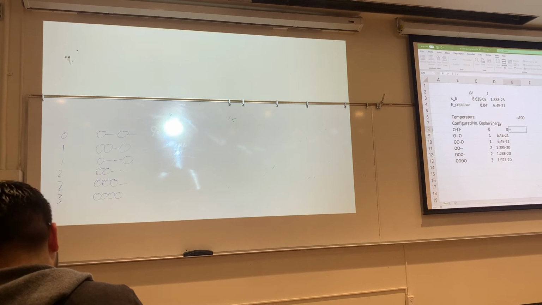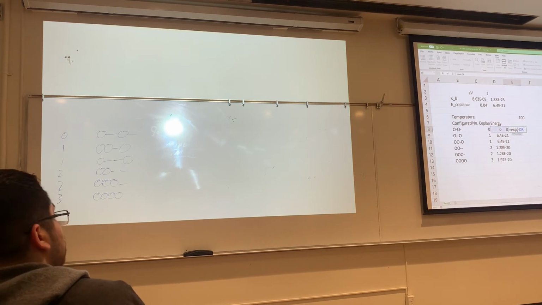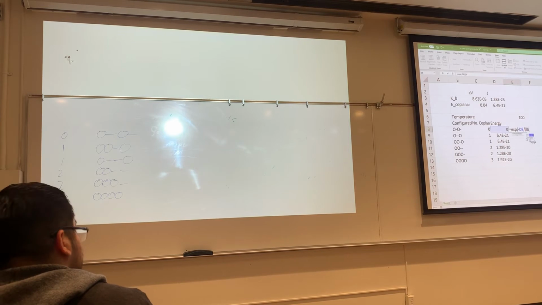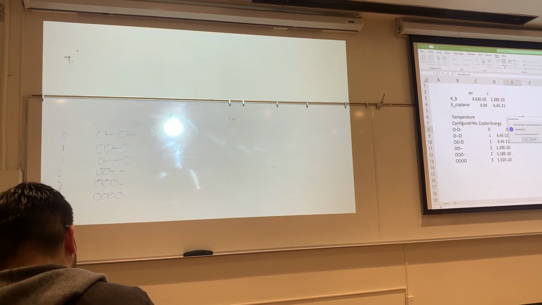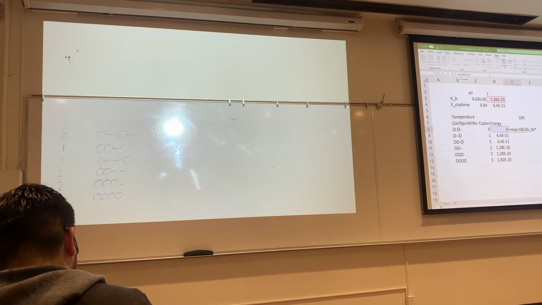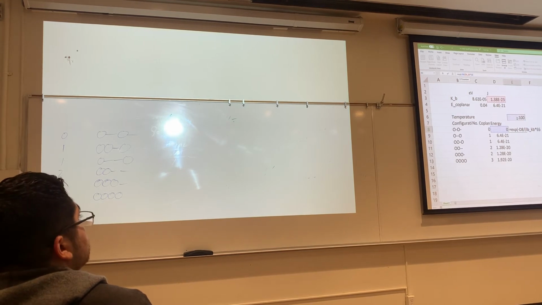So this one here would be then the exponential of minus the energy divided by, and I need to use my k Boltzmann, and also I need to multiply by the temperature.